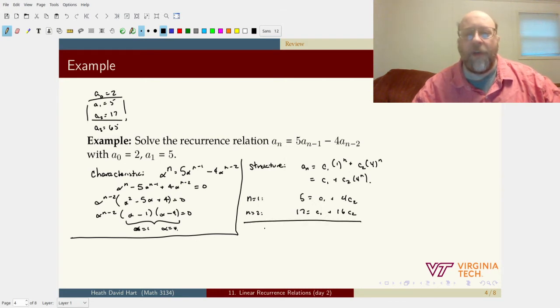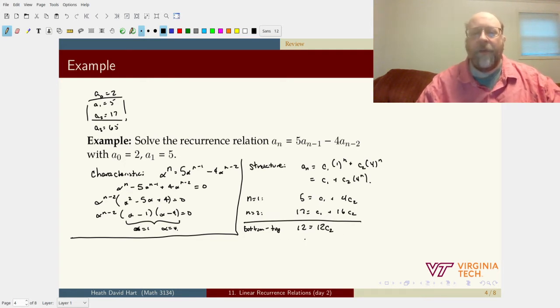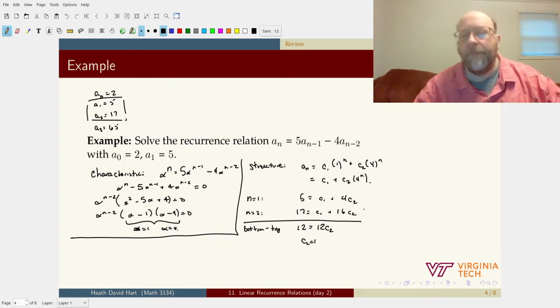If I subtract the bottom equation minus the top equation, 17 minus 5 is 12. The c1's cancel, and I'm left with 12 equals 12c2. And so c2 has to equal 1.